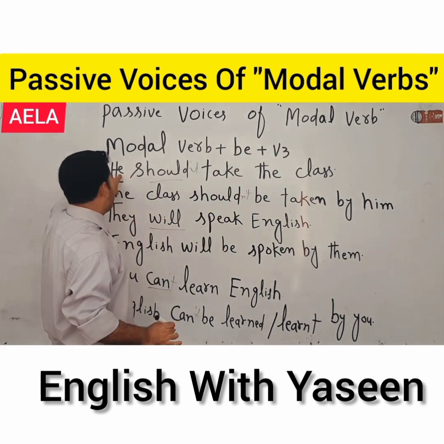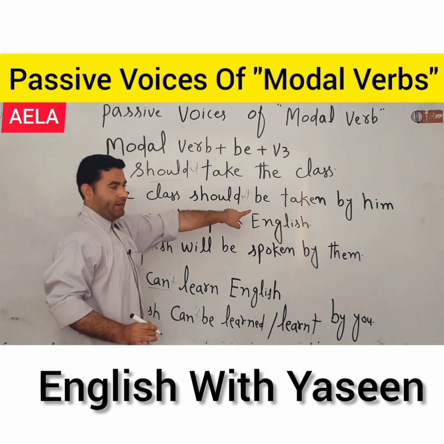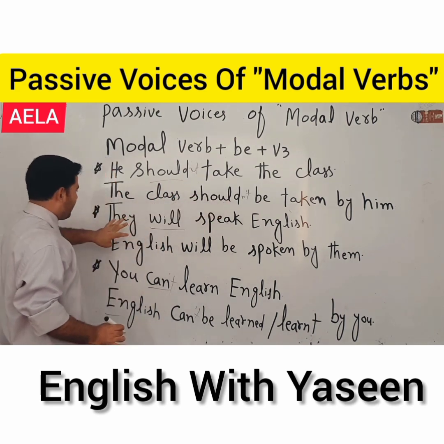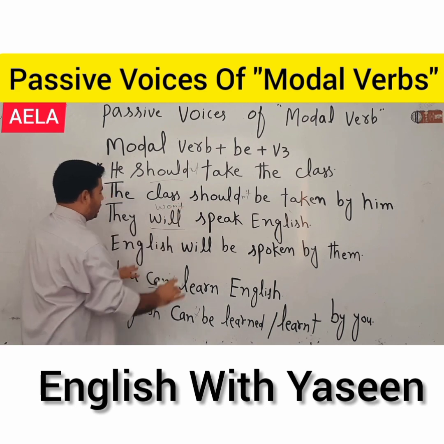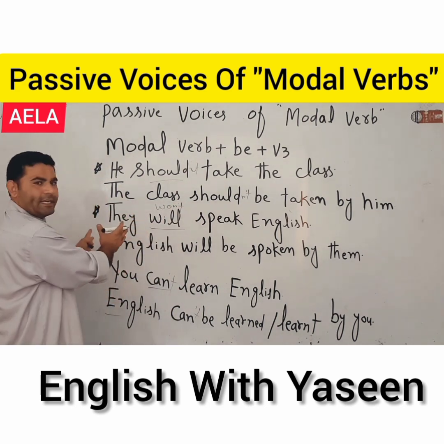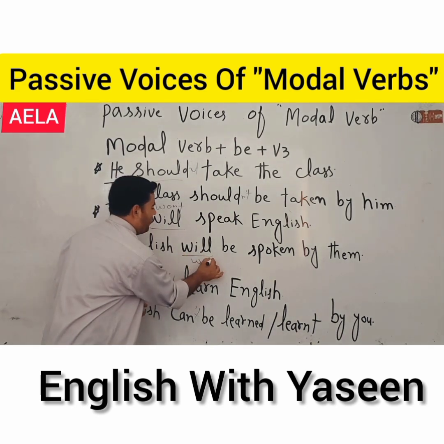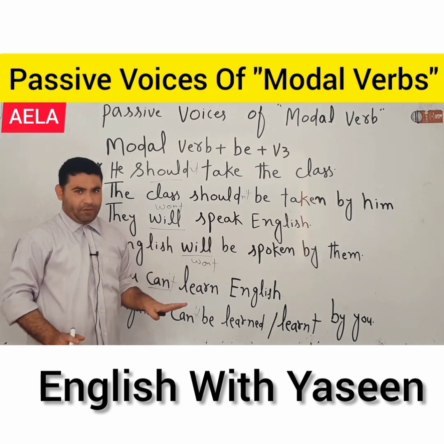So the class shouldn't be taken by him. He should take the class, so the class should be taken by him. They won't speak English. It's negative, so when won't is used in the active voice, won't will be used in the passive voice too. English won't be spoken by them.